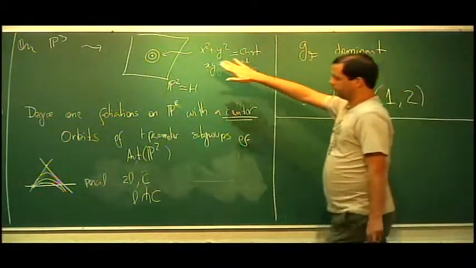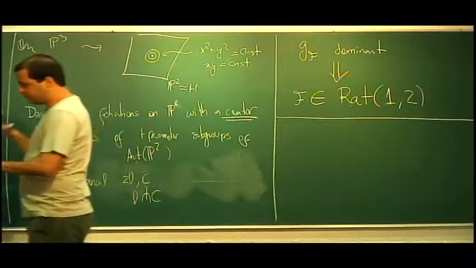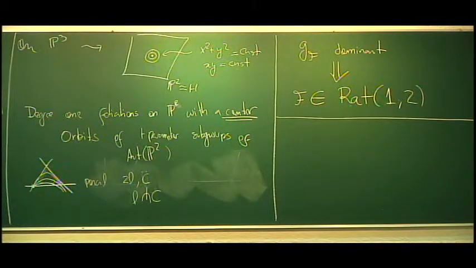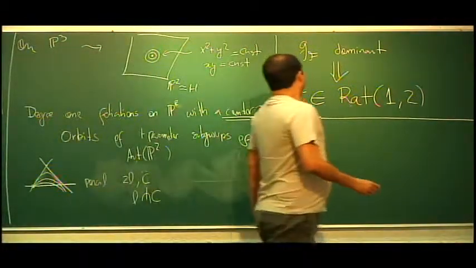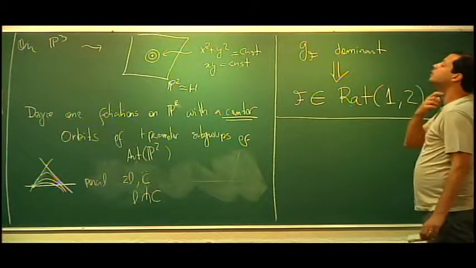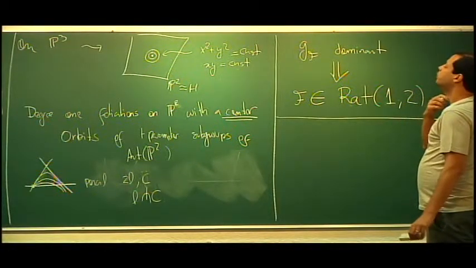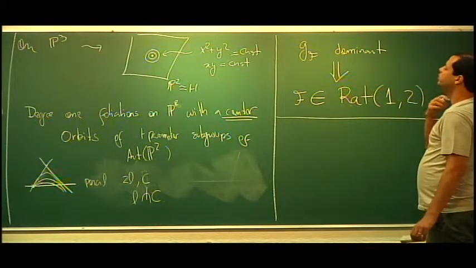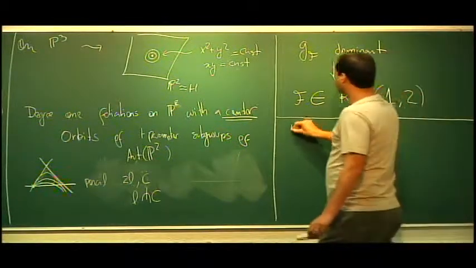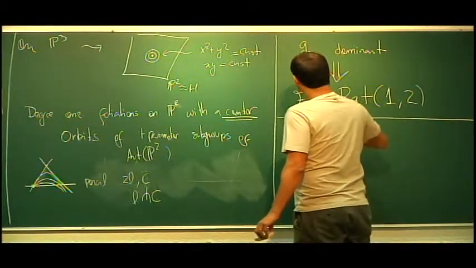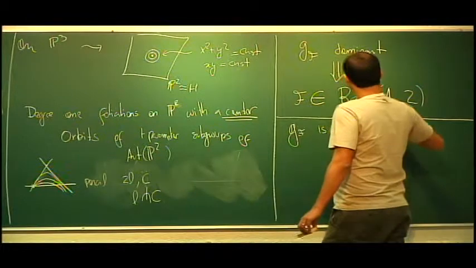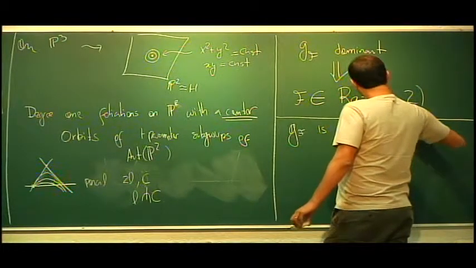So here I have used that the restriction of the foliation to hyperplane sections will have the same degree, at least over regular points of this map. And I'm going to explore this in the case of a non-dominant rational map.